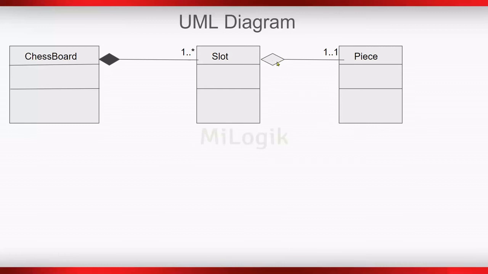So why do we say that weak relationship means a piece object can be available even before the slot object, and so that is the reason it is considered as a weak relationship. And here we are specifying the cardinality is 1 dot dot 1. That means one slot can have only one piece.